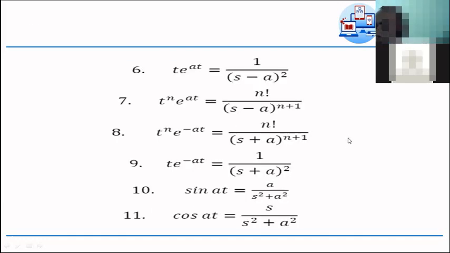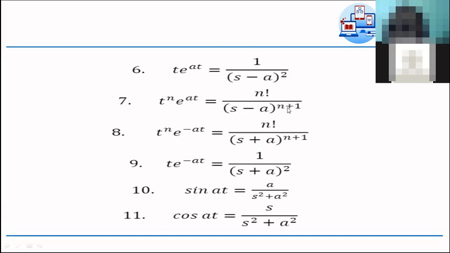If the exponent is positive, in your divisor it is negative. Next, another formula. t multiplied by e raised to a multiplied by t is equal to 1 all over the quantity s minus a raised to 2. So that's now your equivalent function. Next, number 7, t raised to n multiplied by e raised to a multiplied by t is equal to n factorial divided by the quantity s minus a raised to n plus 1.